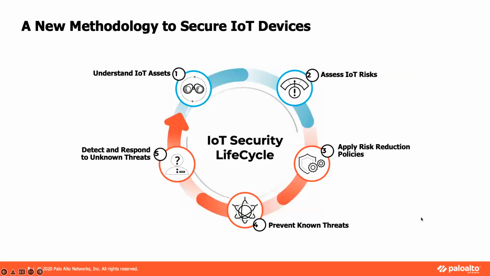What we really need and what we offer with our IoT protection with Prisma Access and throughout our security platform is the ability to give you comprehensive device visibility, to understand what's out there. When you think about it, at home, how many internet connected devices do you have?